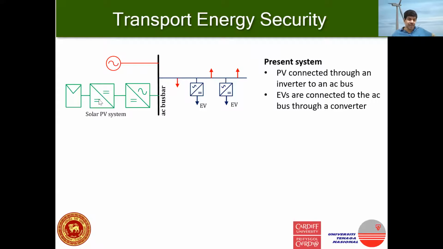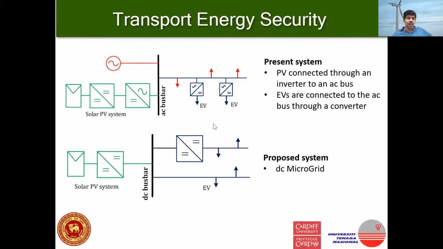So you can see that there's a DC-DC converter, there's a DC to AC converter, and there's an AC to DC converter involved in the present scenario. Each of these converters adds losses. Now, one of the proposed systems could be, without converting the direct current coming from the solar panel to AC, you can connect your EVs directly to a DC bus, which is connected to a DC-DC converter.